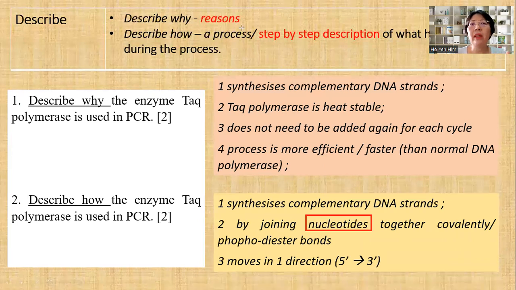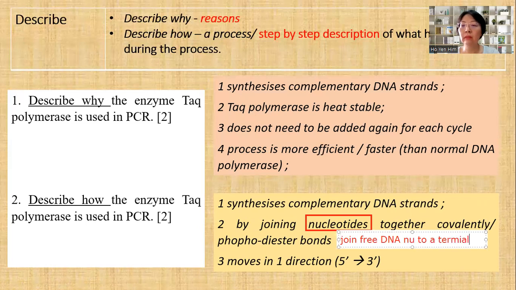Now, what does it join? It joins a free DNA nucleotide to the terminal nucleotide of a polynucleotide strand. I think that's more accurate. That's what it does, right? You join a free DNA nucleotide to a terminal, meaning the last nucleotide, of a polynucleotide strand.